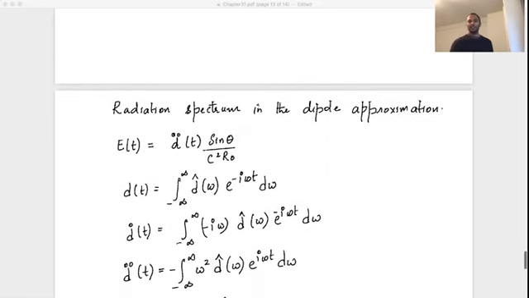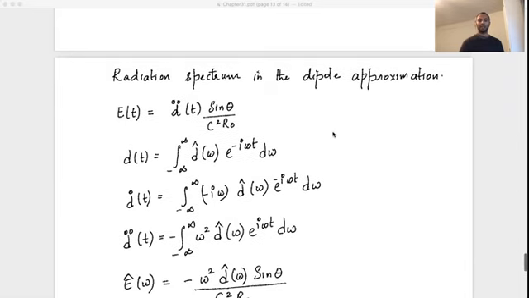Okay, so the last thing I want to talk about for this video is the spectrum of the emission in the dipole approximation. If you remember, so far we've only been talking about the electric and the magnetic fields as a function of time. Now, suppose you have a case where there is some kind of periodic motion of a charge. So let's say a charge is oscillating or going in a circle.